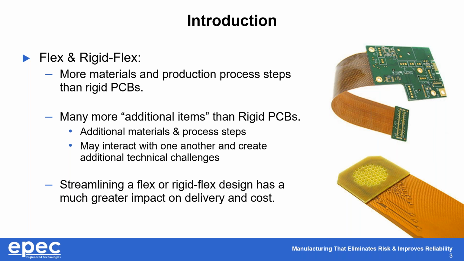And in more complicated designs will interact with one another and potentially create additional design or technical challenges. We found that streamlining a flex or rigid flex design has a much greater impact on the delivery and the cost of the project than what you would find in a traditional rigid board.